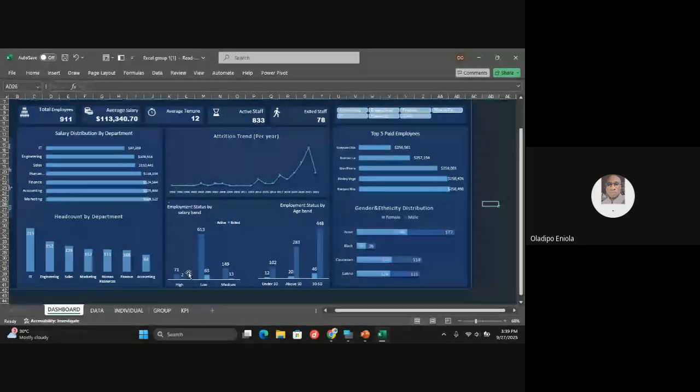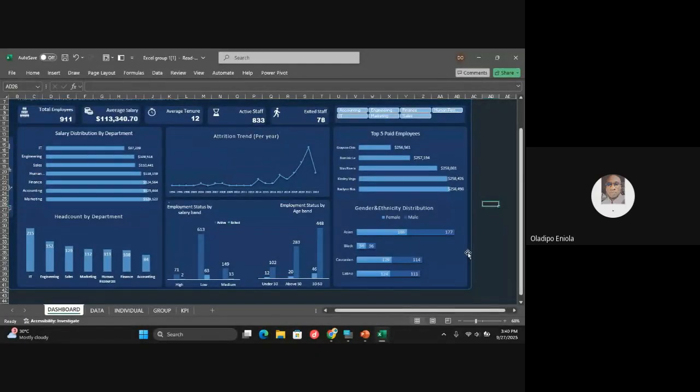Which one is low? Which one is medium? You just have employment status with salary band high. So if you're showing someone this dashboard, it's a bit hard to interpret most of what you have on there. Do you get me? Yep.